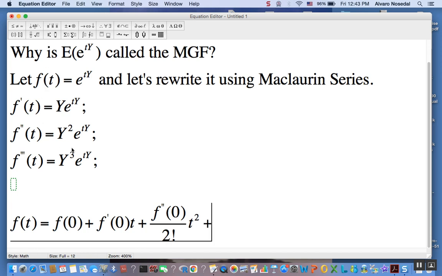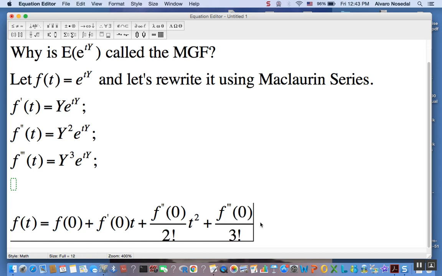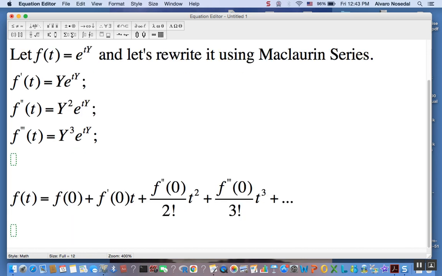And then the third derivative of f with respect to t, divided by 3 factorial, evaluated at 0, times t cubed. Remember, we're just re-expressing this function as an infinite sum of polynomials.